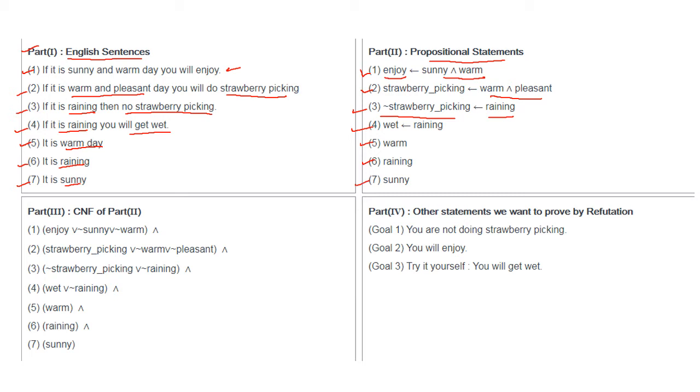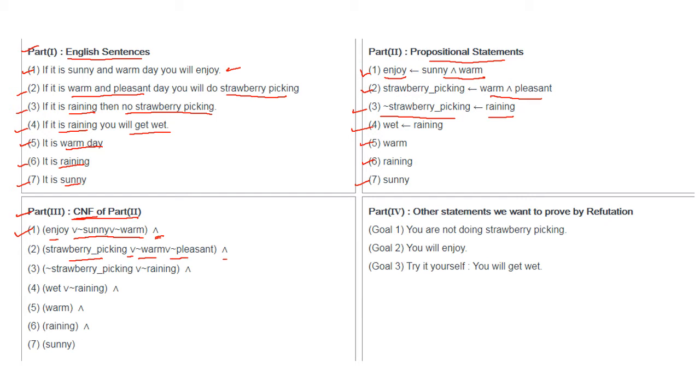And this next part is, we need to convert the propositional statements into CNF form. The first one is, enjoy or not sunny or not warm. And strawberry picking or not warm or not pleasant.